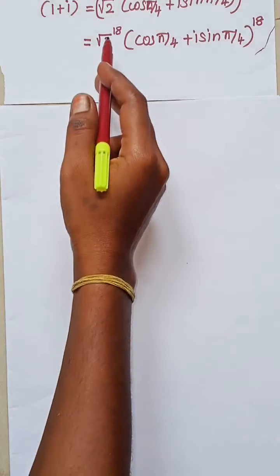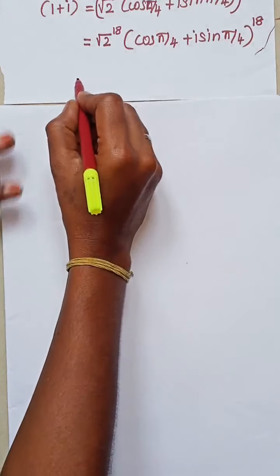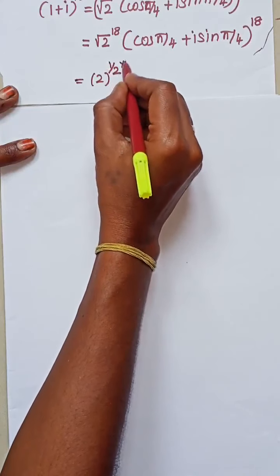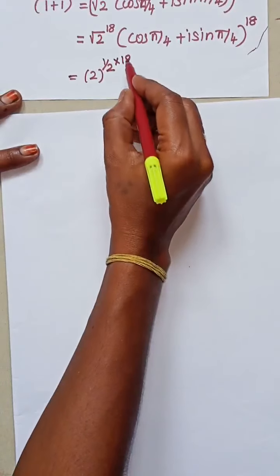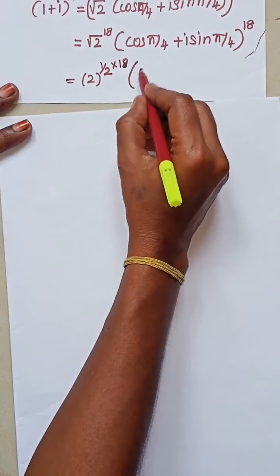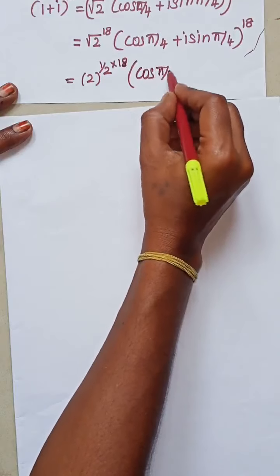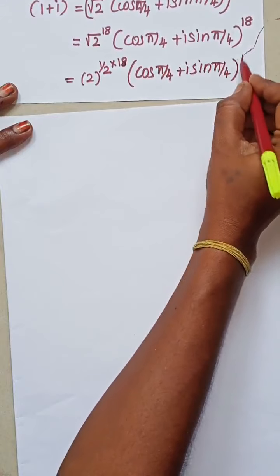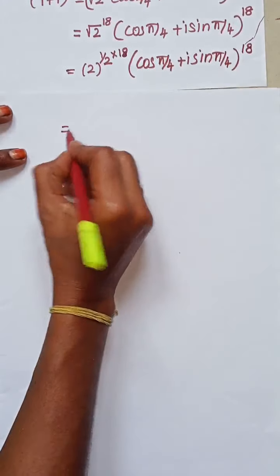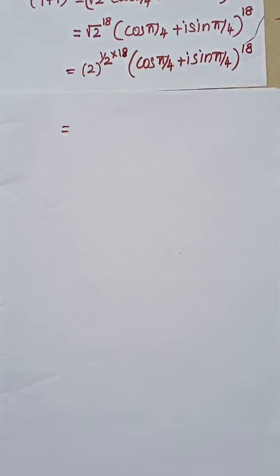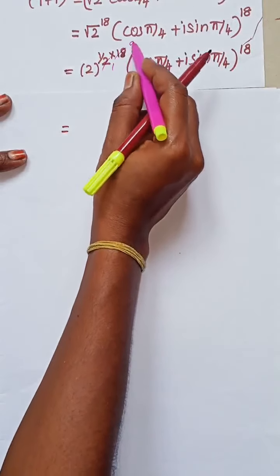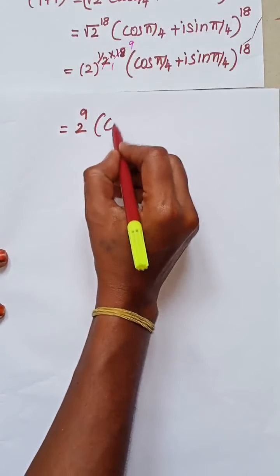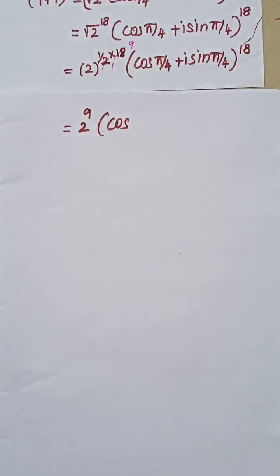Square root of 2 can be written as 2 power 1 by 2 into 18, into (cos pi by 4 plus i sin pi by 4) the whole power 18. Cancel this: 1 2 is 2, 9 2s are 18. So 2 power 9 into cos, we know the De Moivre rule.